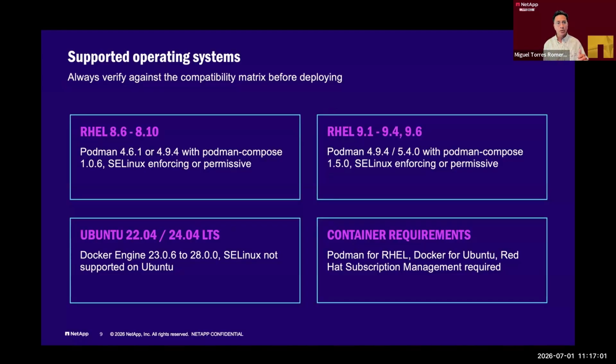We want to ensure compatibility, stability, and for me, the most important, security. So running the latest and compatible images and versions is the way to make sure that our agent will run smoothly and properly at all times. Next slide, Varun, please.